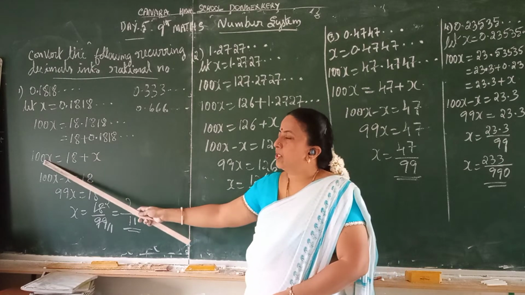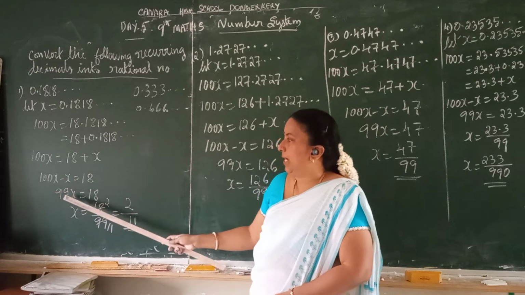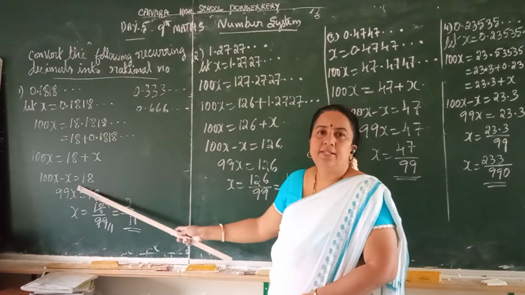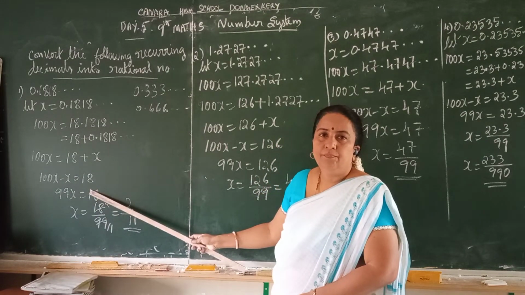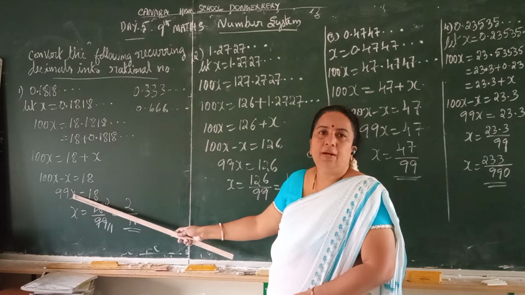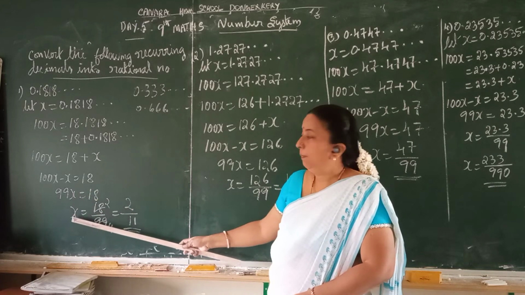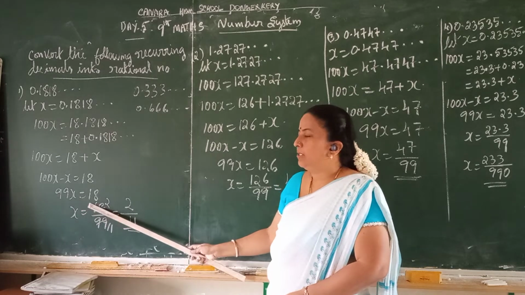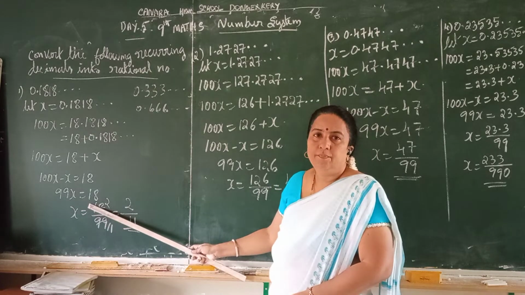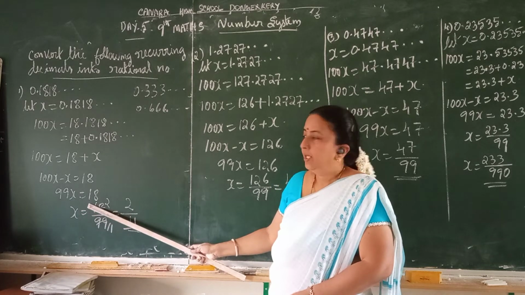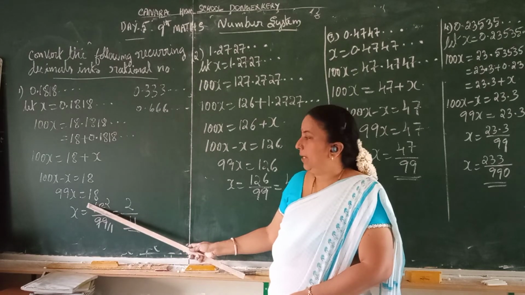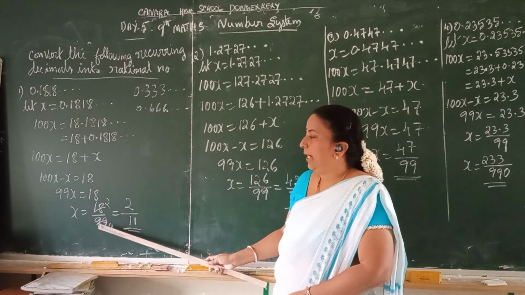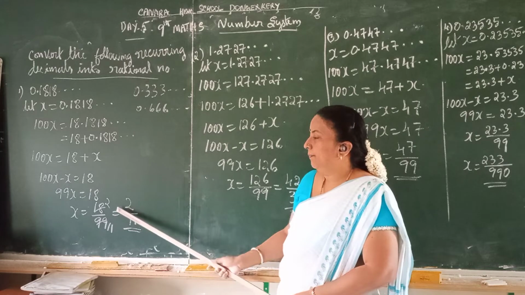Then let us take x to the left hand side. It will get a negative sign. 100x minus x is equal to 18. When 1x is subtracted from 100x, it will become 99x is equal to 18. x is equal to 18 divided by 99.